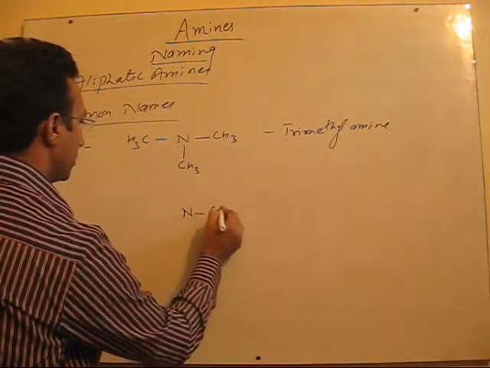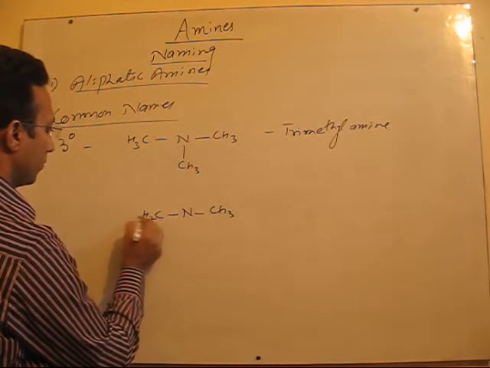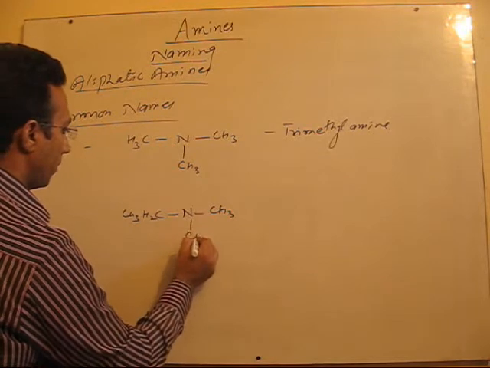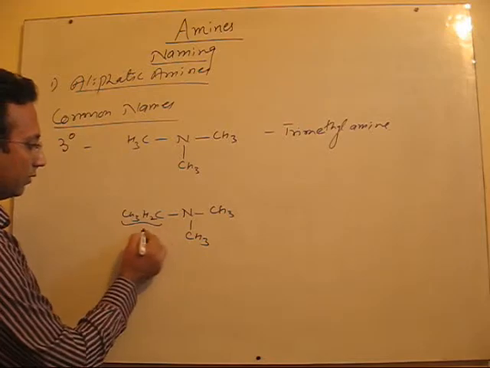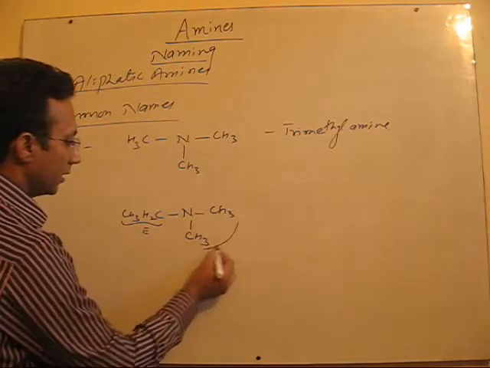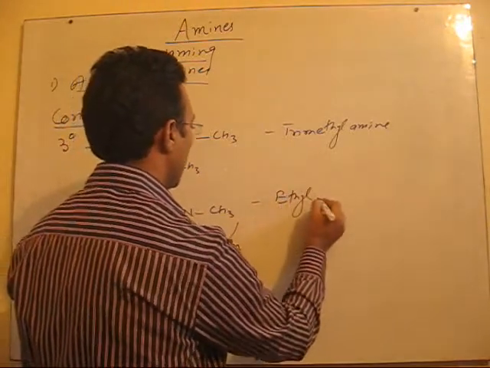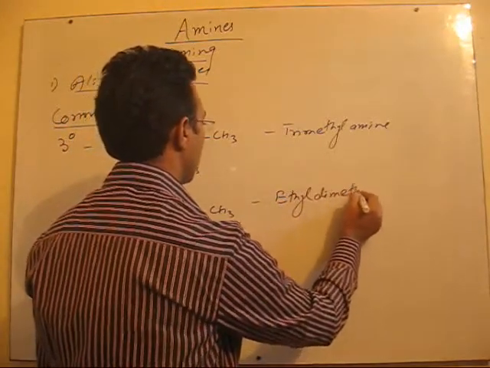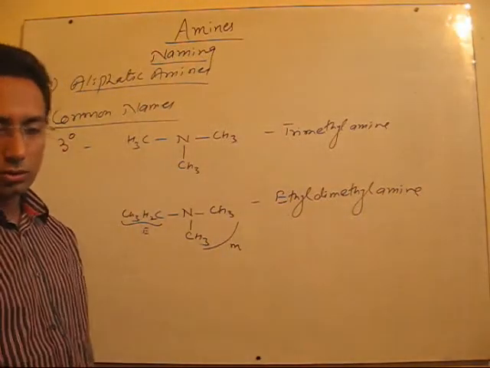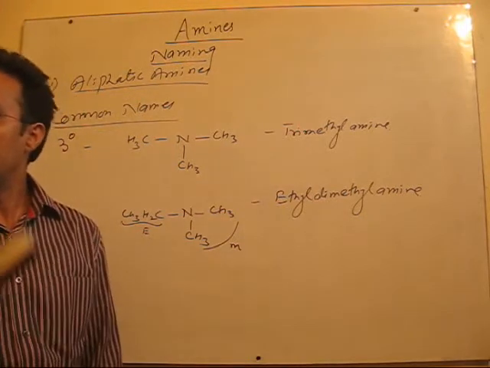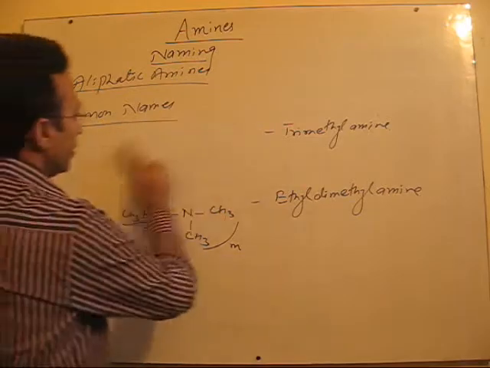And suppose they are different, for example, two are the same, one is different. In this case, again alphabetic order, E, these are methyl, M, so it will be named as ethyldimethylamine. Fine. So this is about the common name of tertiary amines.